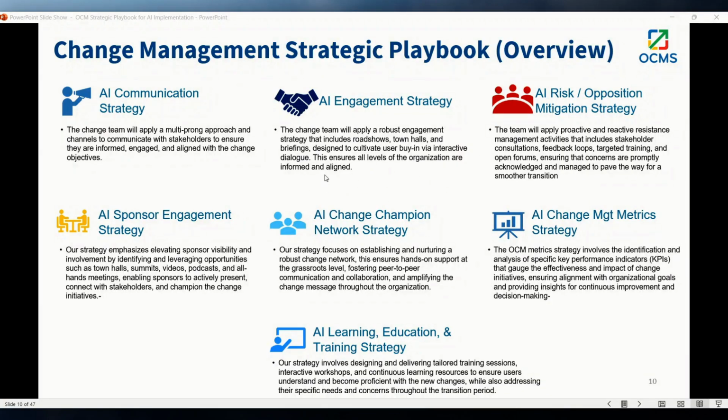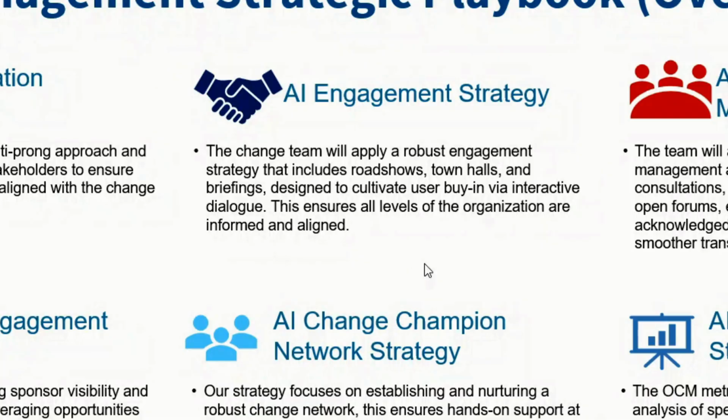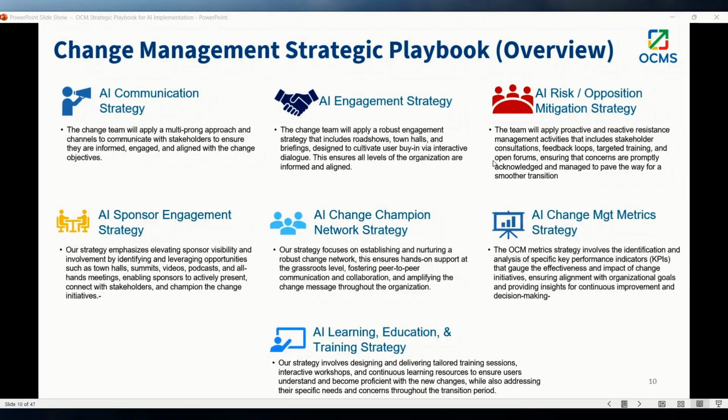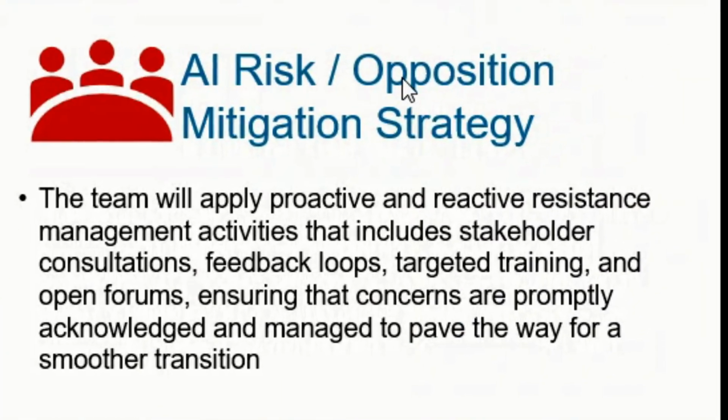When you go to the overview slide of this change management strategic playbook, you will see this summary of what your AI engagement strategy should be. Most importantly is this right here, the AI risk opposition mitigation strategy. Here is where you provide a summary of what your team will be applying to mitigate resistance, which involves the proactive and reactive resistance management activities.